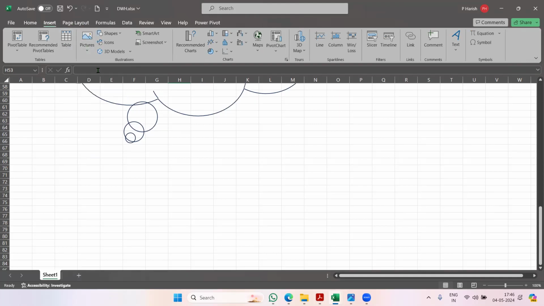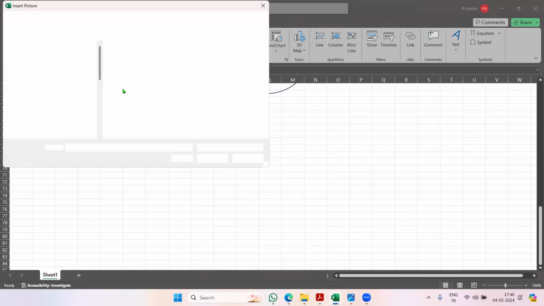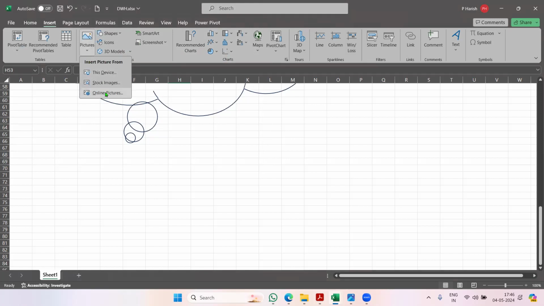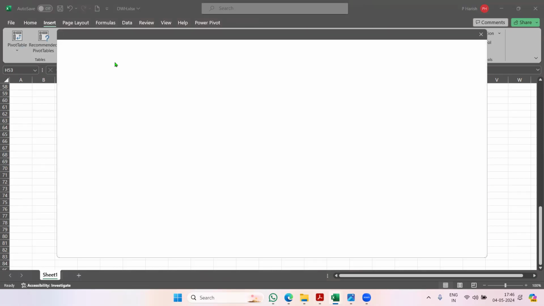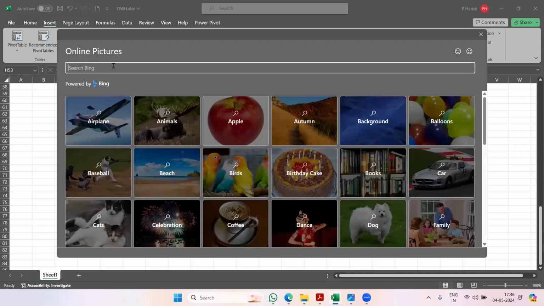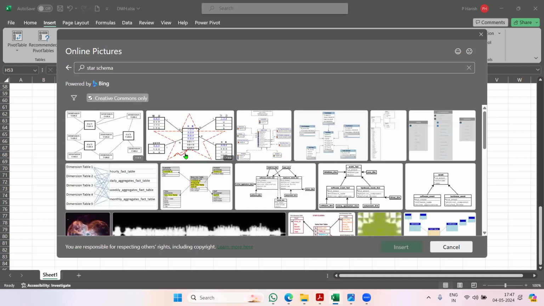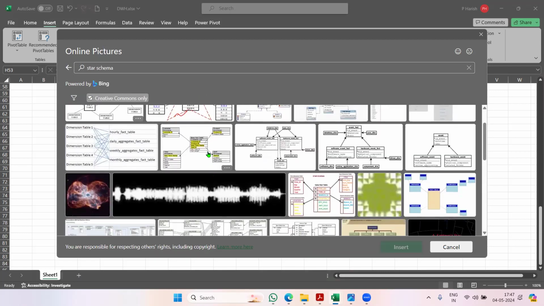Insert schema. I hope I should be getting something in English.